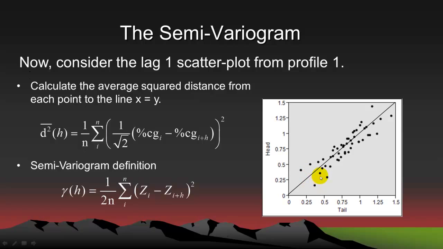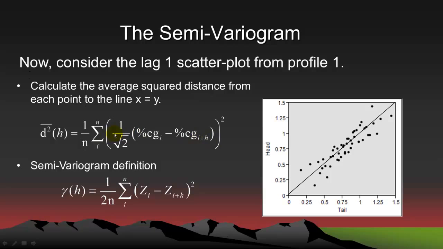And we'll take the average squared distance between all of these points to the line. So this equation is exactly that. If we look at what's inside of these large brackets here, we see 1 over root 2, percentage of coarse-grained at the location I, minus a percentage of coarse-grained at the location I plus H. So we recognize this formula inside the large brackets from the previous slide.